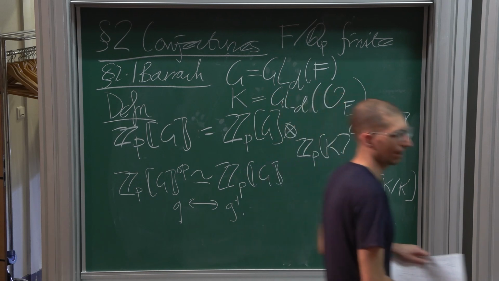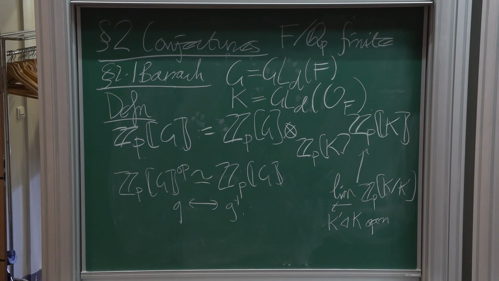I'm going to use that without comment, but at some points there'll be left modules turned into right modules, and that's how I'm doing it. Okay. Maybe I'm happy to get rid of the analytic case immediately.